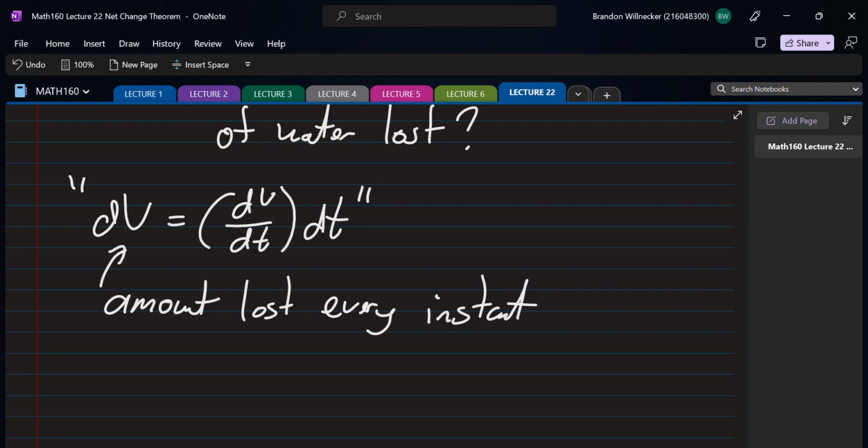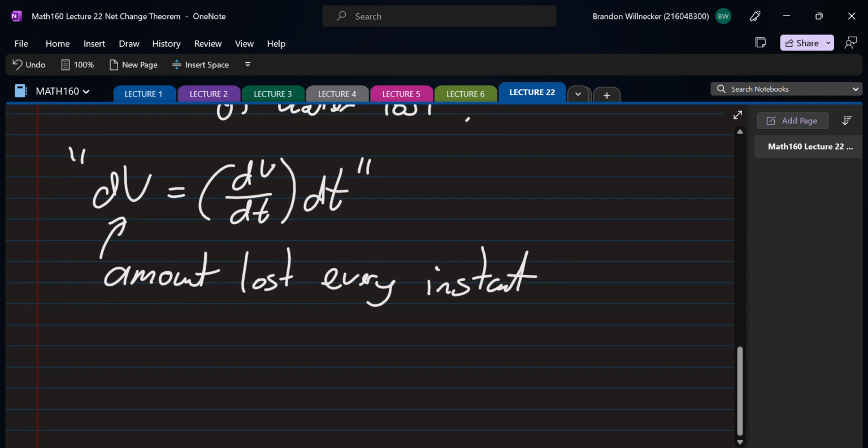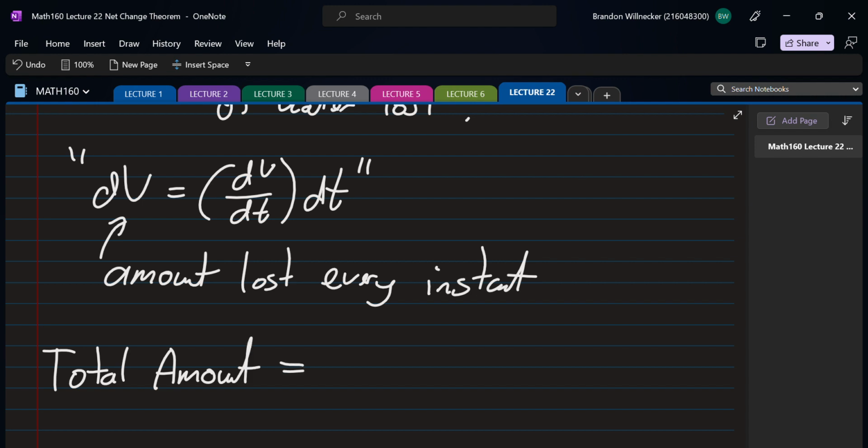If we're working with infinitesimals, we don't add them, we integrate them. So the total amount is equal to not the sum of the infinitesimal amounts, but the integral. So we have the integral from t1 to t2 of dV, the little bit that's getting lost, but dV is dV by dt, dt.